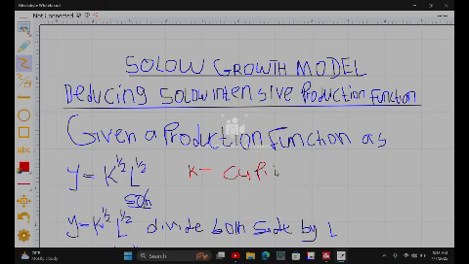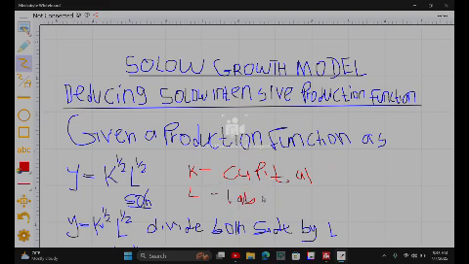L here is labor, or worker. But let me use labor so that we can understand what we are trying to do here.